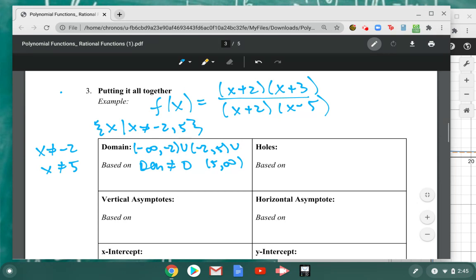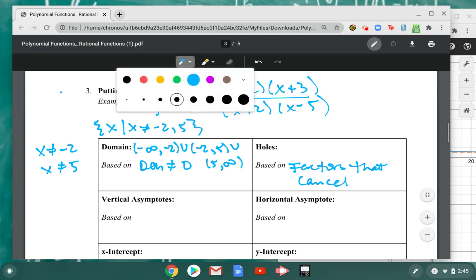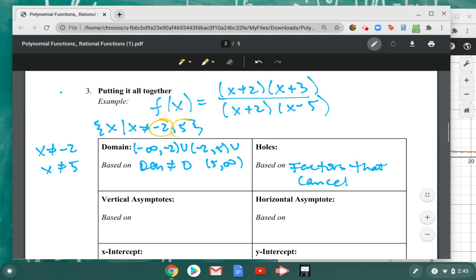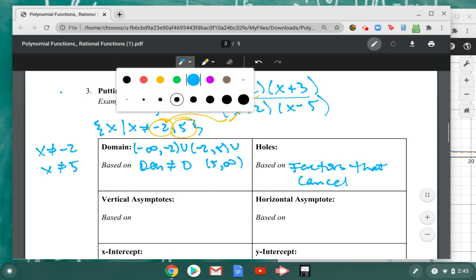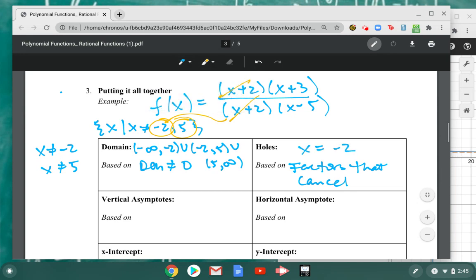Okay, holes. Holes are based on the domain restrictions that cancel. So these are going to be the factors that cancel. We have two domain restrictions. These can be either a hole or it can be a vertical asymptote. But negative 2 comes from a factor that cancels. So this tells me that I've got one hole, and that hole is at x equals negative 2. Okay, vertical asymptotes.